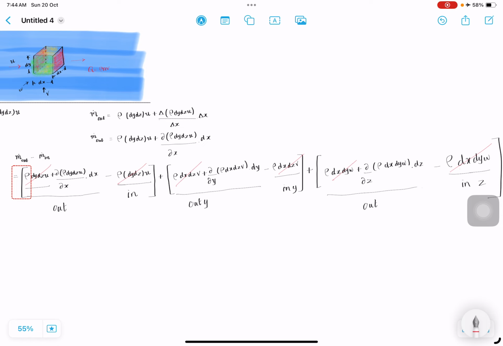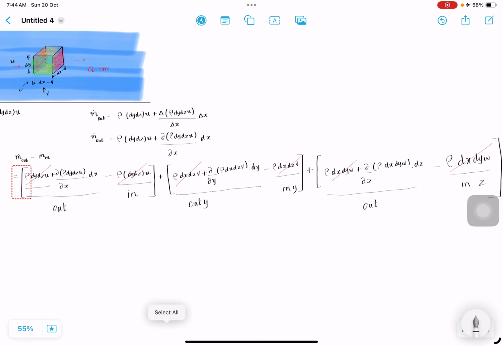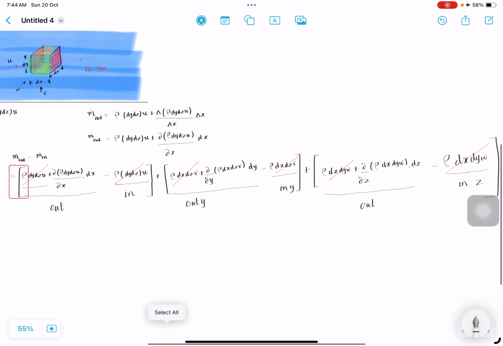I can pull all the constants outside of this equation. Density is a constant that I can take outside the equation: rho into dou u by dou x into dx dy dz. So I'm just representing this particular equation in this form.